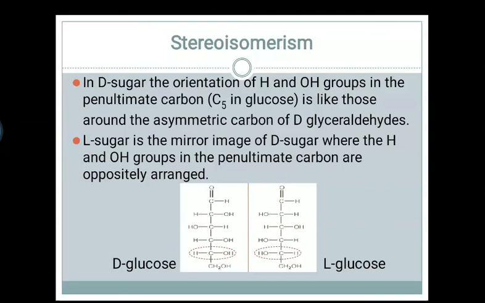In case of L-sugar, which is the mirror image of D-sugar, the H and OH groups at the penultimate carbon are oppositely arranged. In this example of D-glucose and L-glucose, you can easily see that at C5 the orientations of H and OH groups are mirror images of each other.